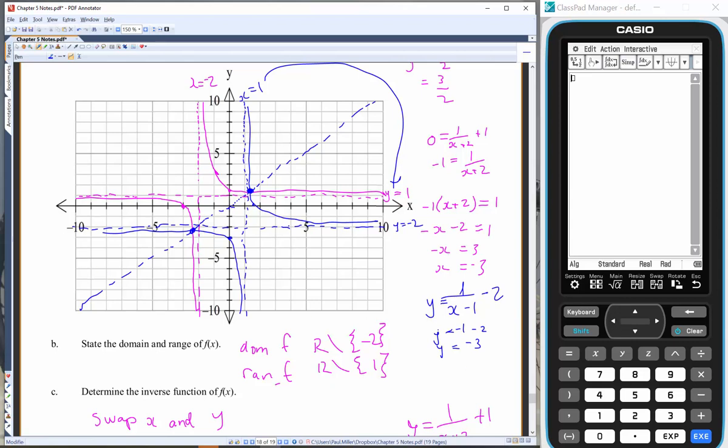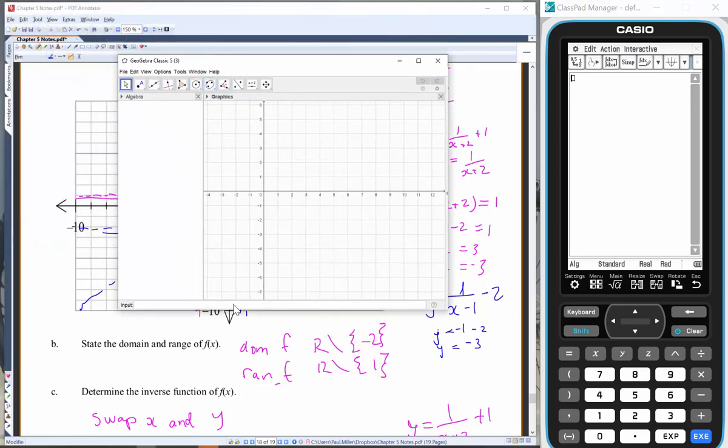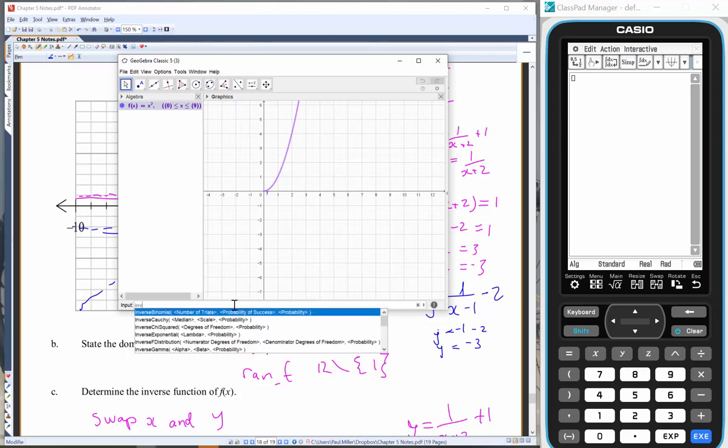Let's come up with another function. I'm just going to plot the function x squared, starting at 0, finishing at 9, for argument's sake. And what I'm going to do is invert it.